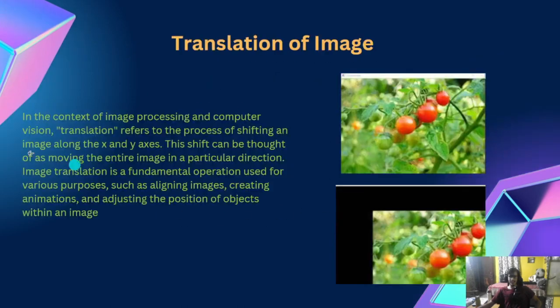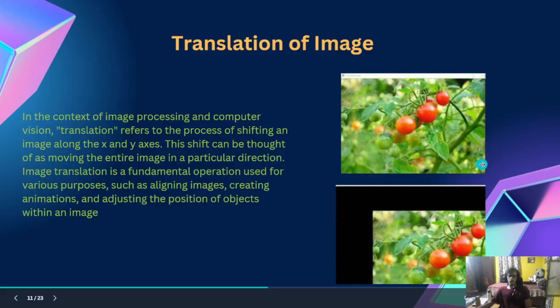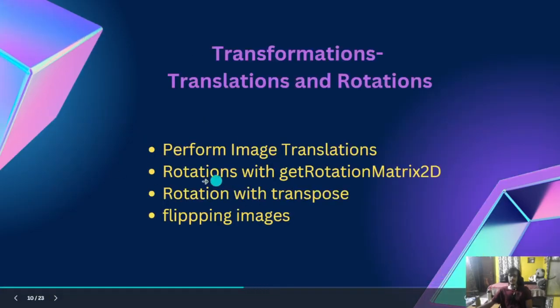What is the translation of an image? Translation of an image is just this: the whole image moves down. It's not just cropping. In cropping, we just crop it, or in resizing, we just make the image small. But in translation, we move the image from here to here, and the rest is the black part.